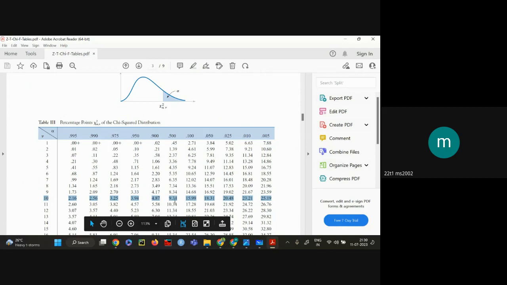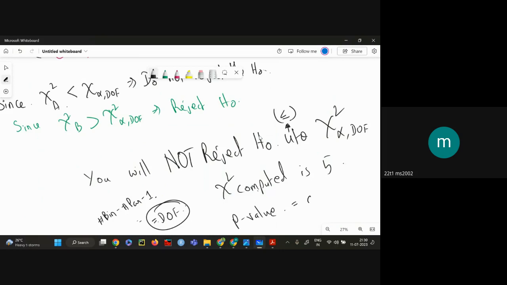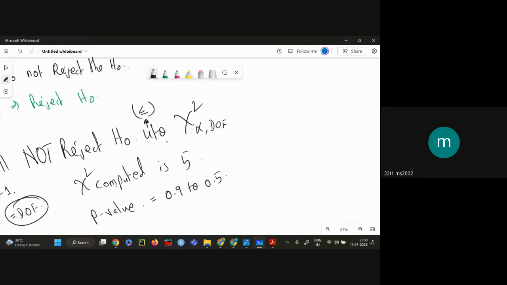It lies between 4.87 and 9.34, so your p-value is somewhere between 0.9 and 0.5, more close to 0.9.